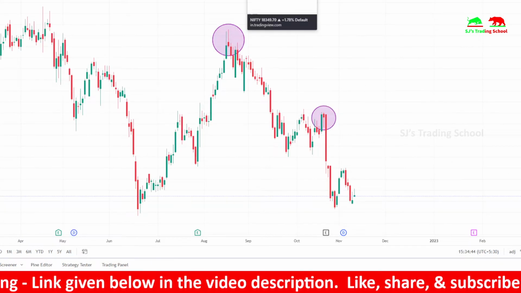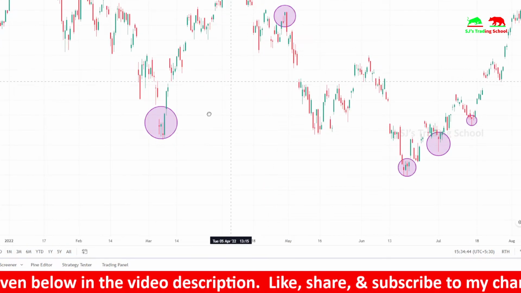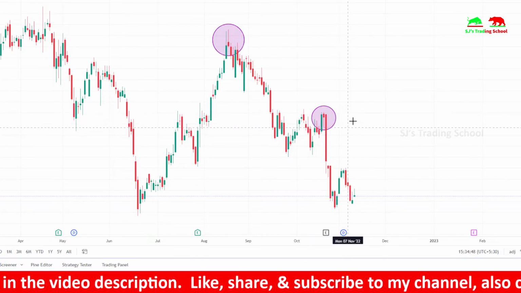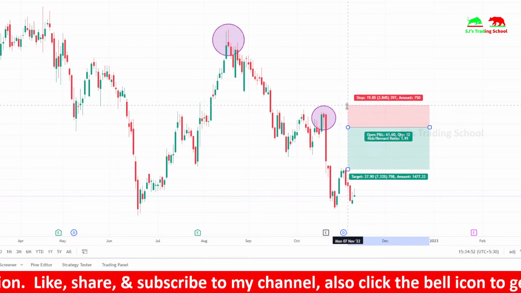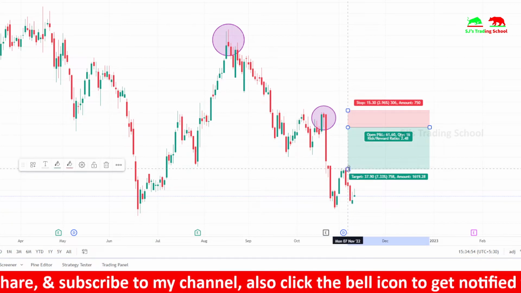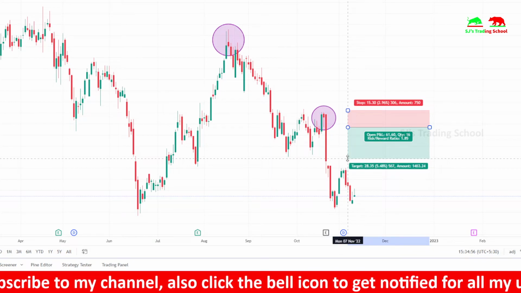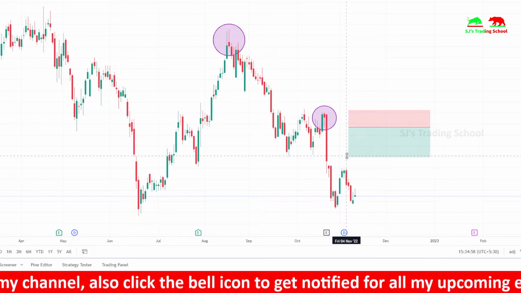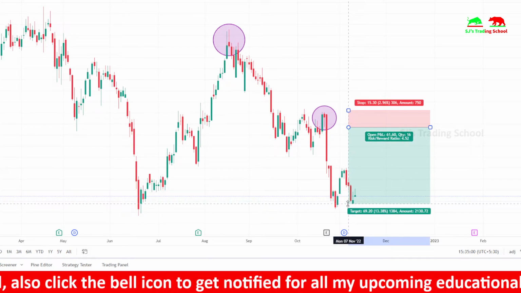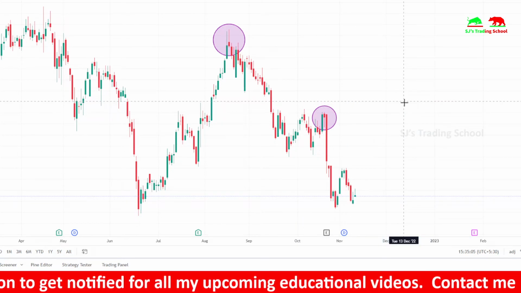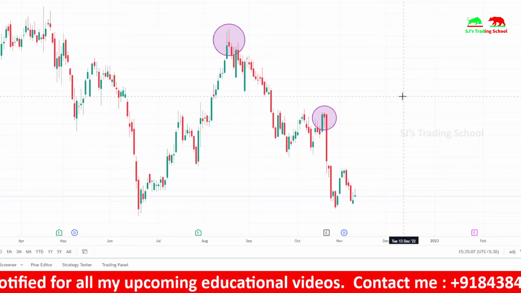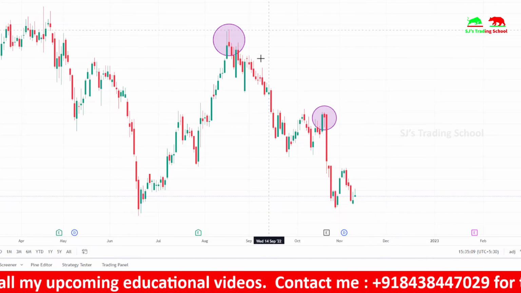And coming back to the examples, this is the inverted hammer where you can take your entry here and your stop loss here and your target around this swing low. You can use structures, support and resistances, or Fibonacci targets. I will put separate videos for those things.